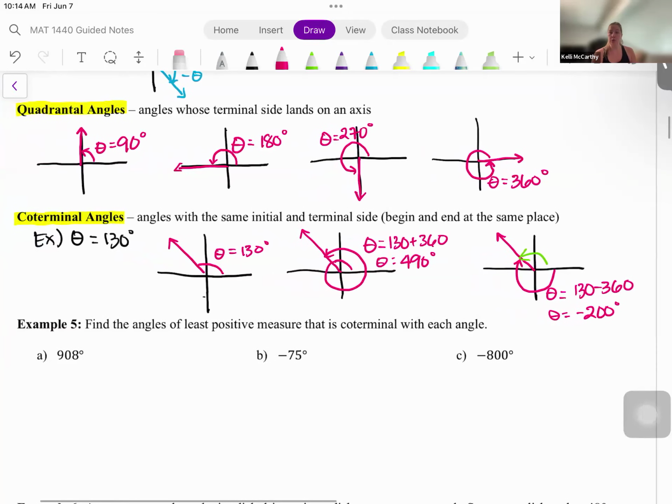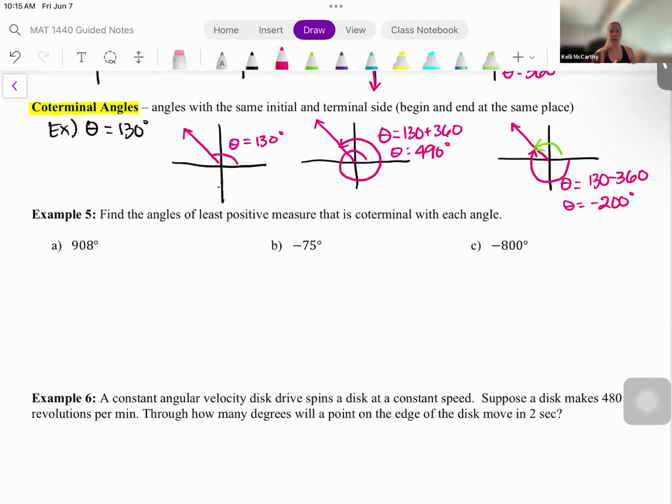So to find coterminal angles, the first picture illustrates that if we add 360 degrees, we'll find coterminal angles. The second is if you subtract 360 degrees, you'll find coterminal angles. Because we can continue the cycle of going around and around, either counterclockwise or clockwise, there are infinitely many coterminal angles for a given angle.